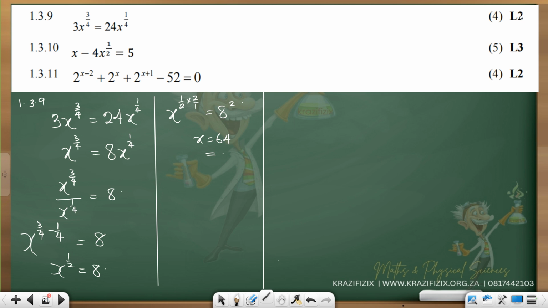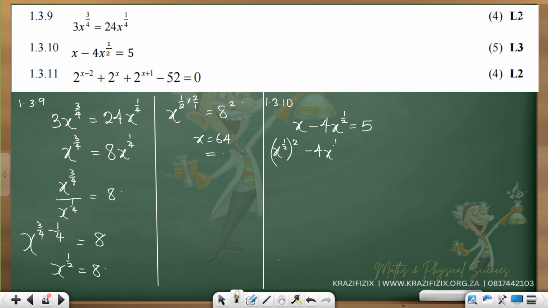Okay. All right, let's look at 1.3.10. Oh, beautiful. I already see that this is x to the power half, because if I multiply half by 2, I'll get 1.